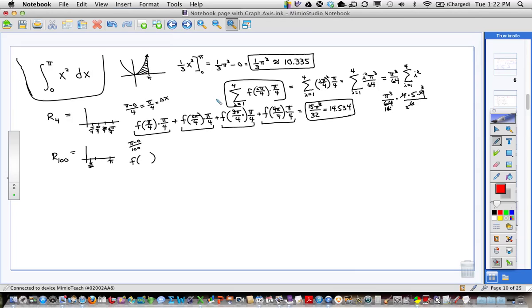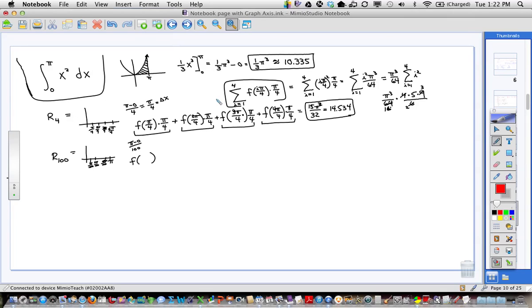What's the second one? 2 pi over 100. See why you wouldn't want to simplify it? What's the next one? 3 pi over 100, 4 pi over 100, 5 pi over 100. What's the second to last one? 99 pi over 100. And the last one? 100 pi over 100. Right?